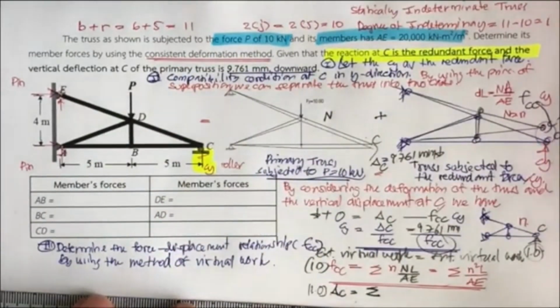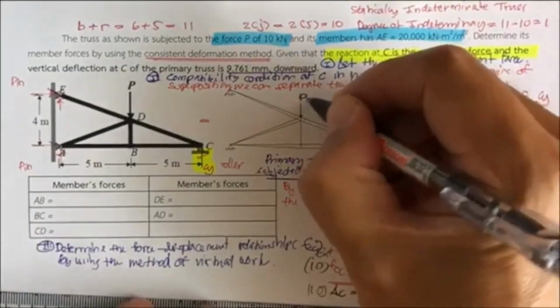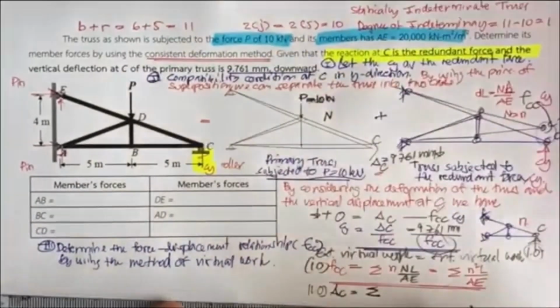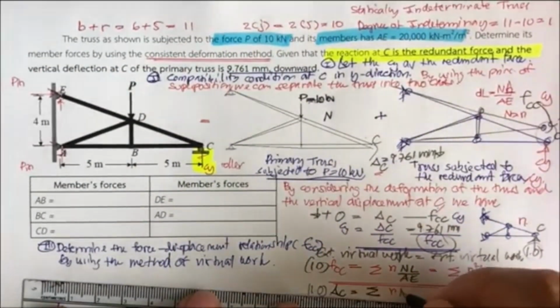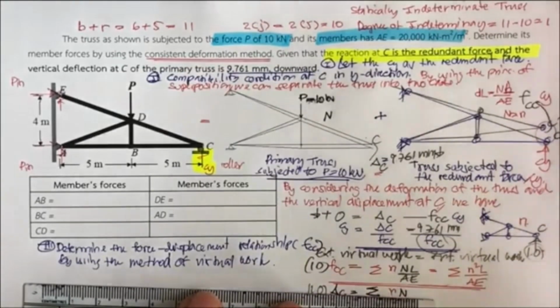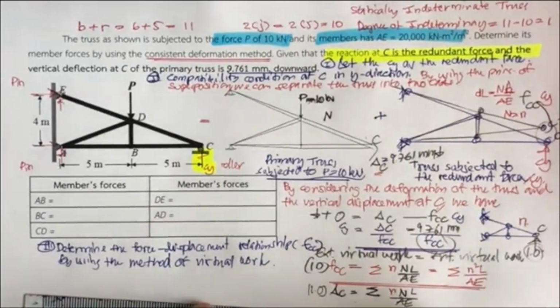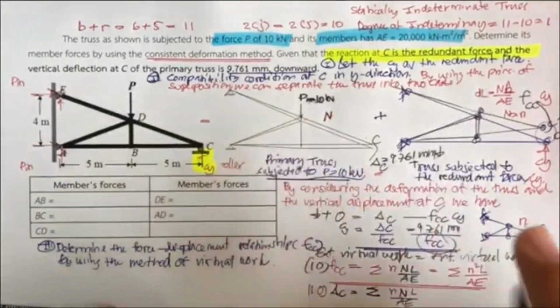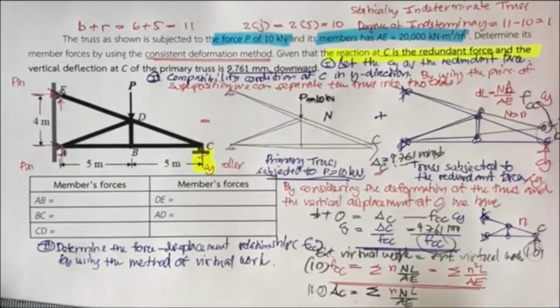Okay, n because of P equal to 10 kilonewton, so it's going to be small n and capital N times L over AE. Okay, and you also can determine this 9.761 if you put into this equation.